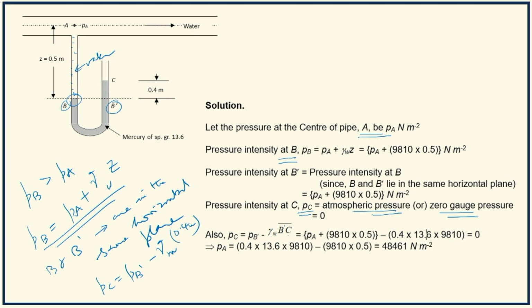So PB we can express as PA plus gamma W into 0.5, minus 0.4 into specific weight of manometric liquid or mercury, 13.6 into 9810, that is equal to 0. From this you can get the value of PA.